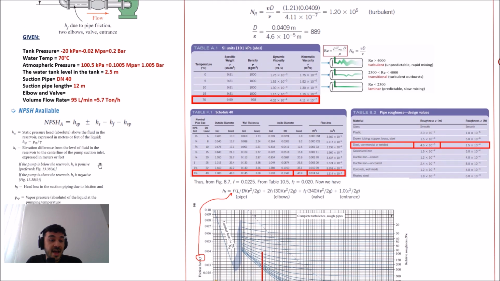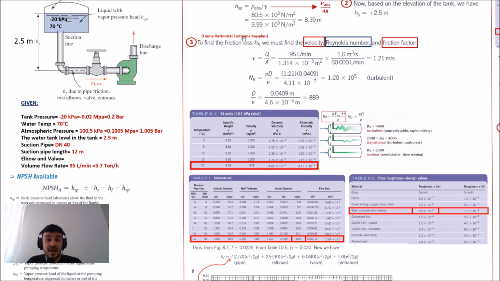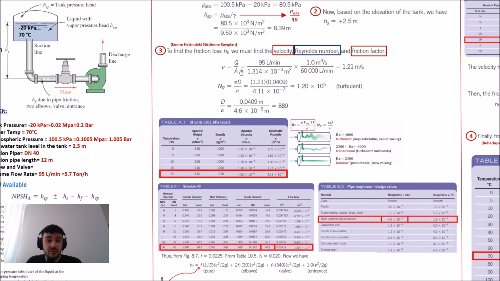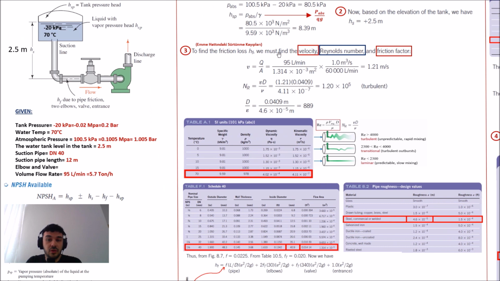If you want to calculate the head loss, you have to calculate the velocity, Reynolds number, and friction factor. So how can we calculate the velocity? If you know the volume flow rate, and the cross-sectional area of the pipe, yes, we know, because the suction pipe is a DN40.